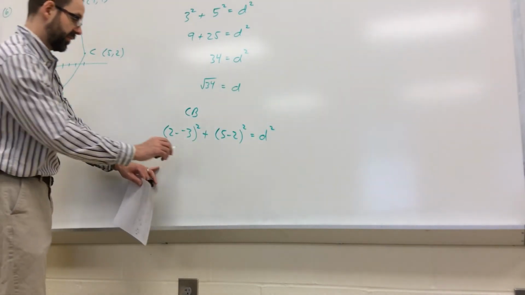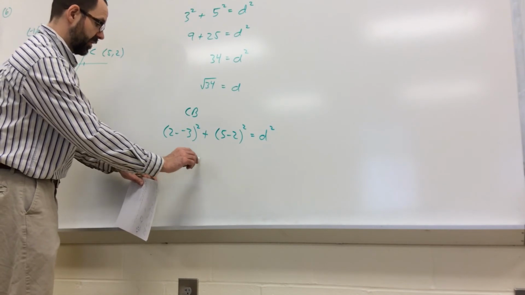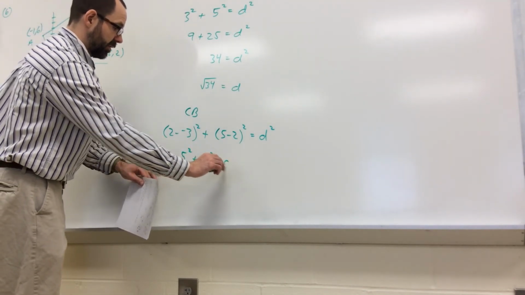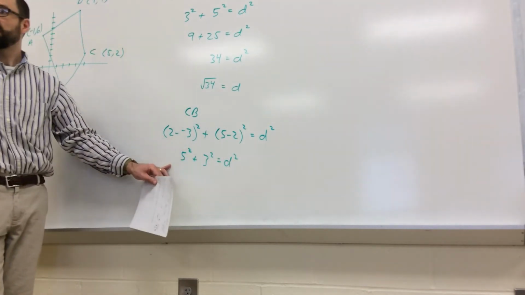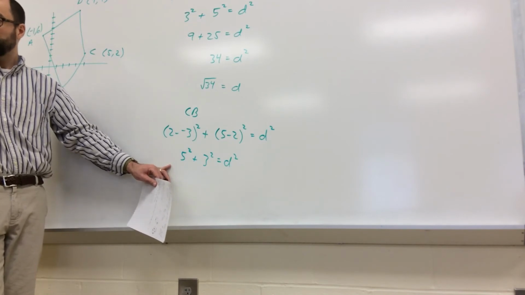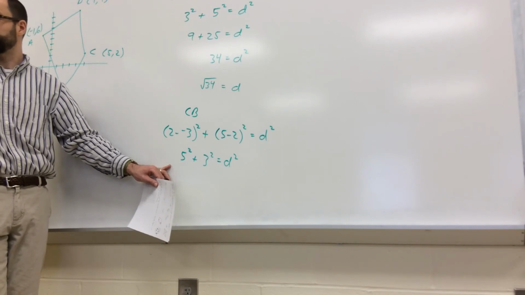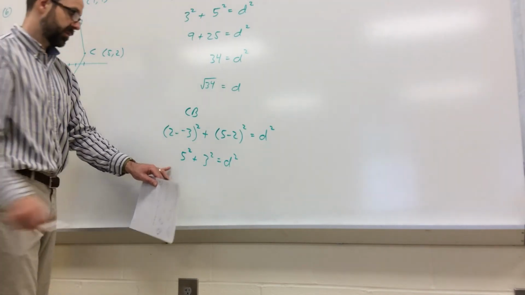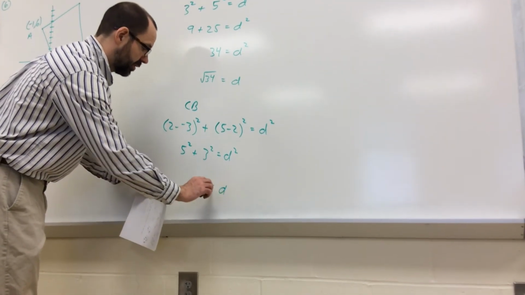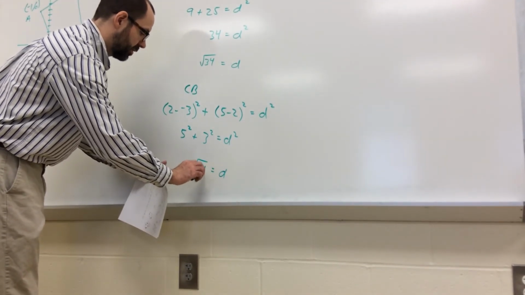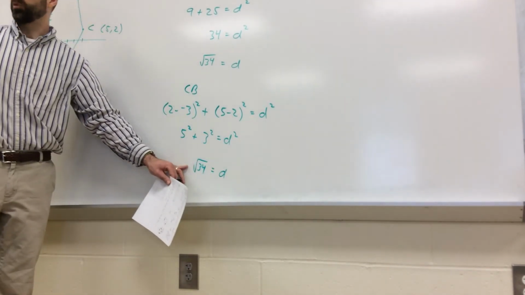Two minus negative 3 is 5. 5 minus 2 is 3. Then 5 squared is 25, and 3 squared is 9, and 25 plus 9 is 34. So you can already tell it's going to come out to the same answer, which is good news, right?